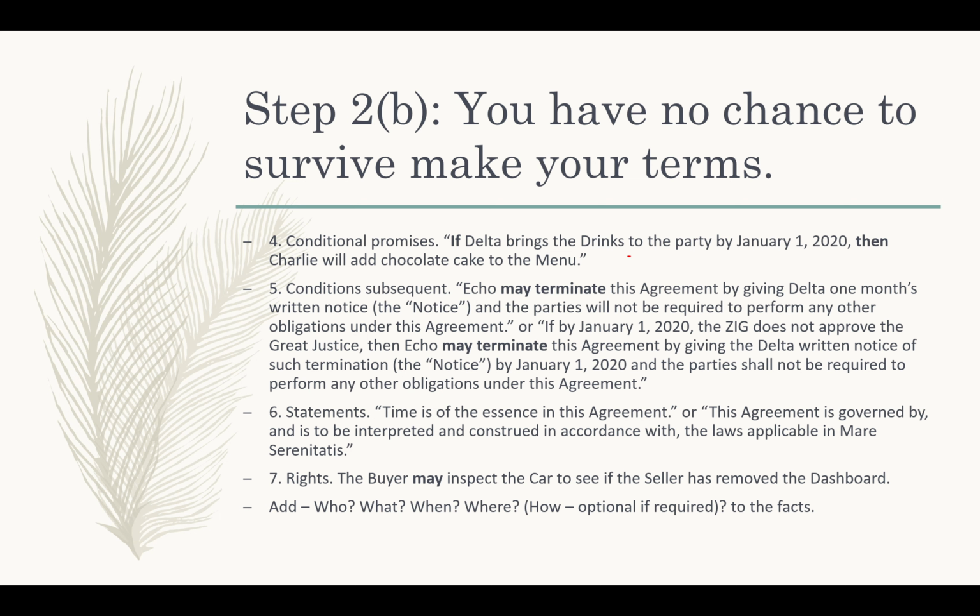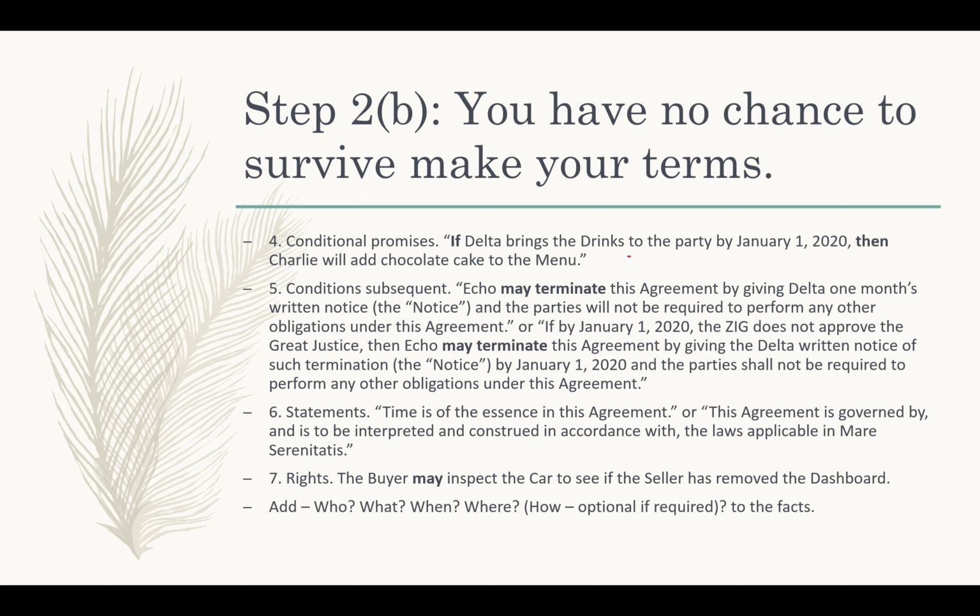Instead, we say the bank, which is who, will pay the employee's salary, which is your action, to the employee, which is to whom, by the first day of each month, which is when, at the offices of the bank, which is your where.